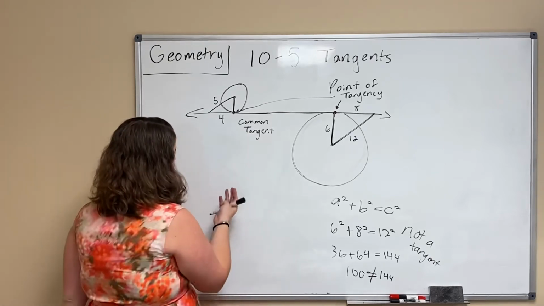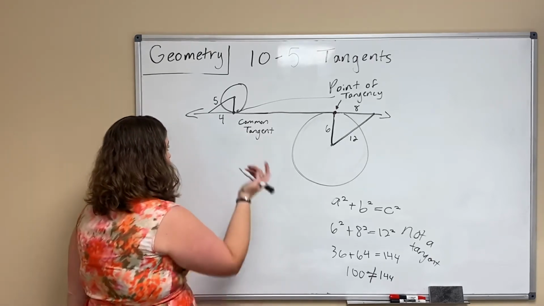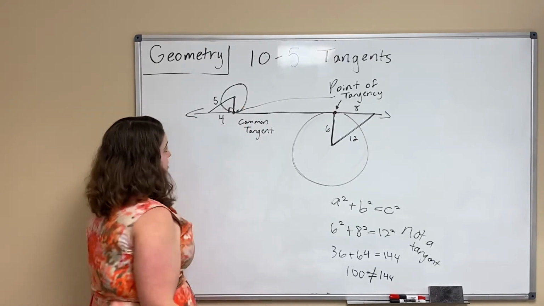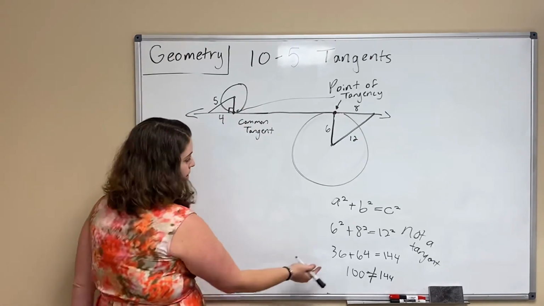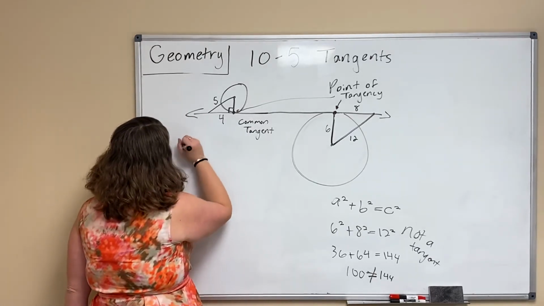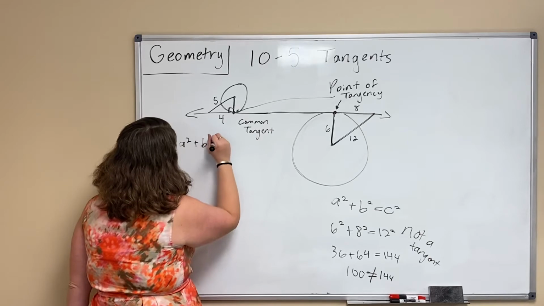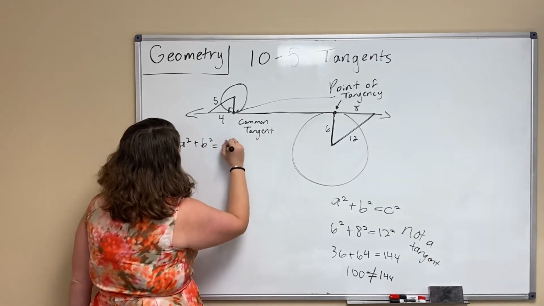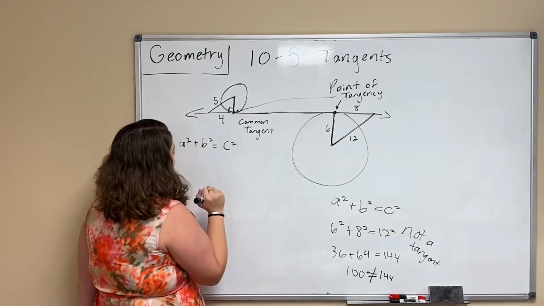So you're still going to do the same thing. If they've told you this is a tangent, then I know that this is a right triangle. So I know that my Pythagorean theorem will work. So I can plug in my a squared plus b squared equals c squared to find the radius.